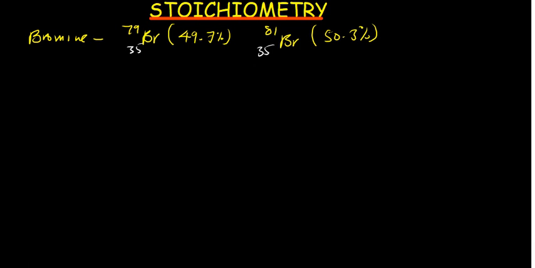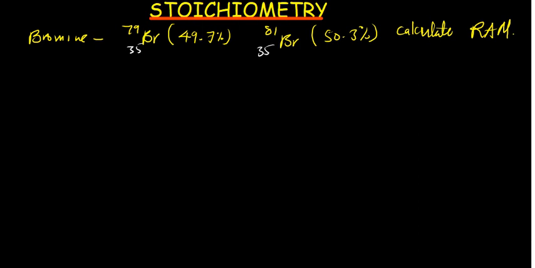Now the question is: calculate the average atomic mass, or the relative atomic mass, for bromine. So how do you go about it? How do you calculate the relative atomic mass of an element? Actually, those values which you see on the periodic table are relative atomic masses.